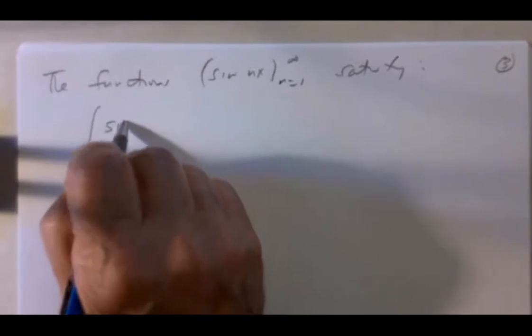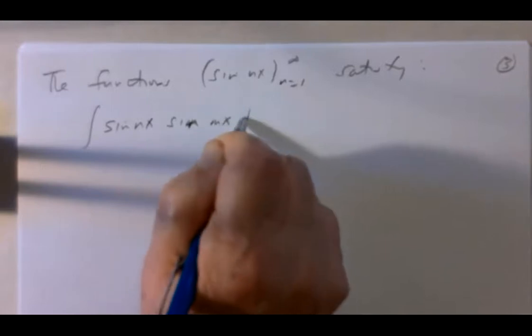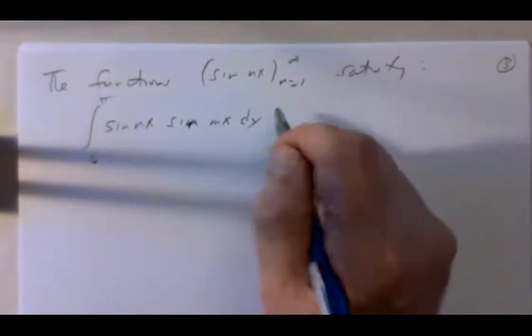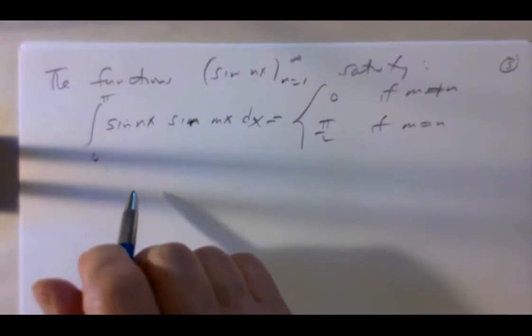The integral of sine nx sine mx dx from 0 to pi is equal to 0 if m is different from n, and it's equal to pi over 2 if m equals n. And this is an example of what we're going to call an orthogonal sequence of polynomials.